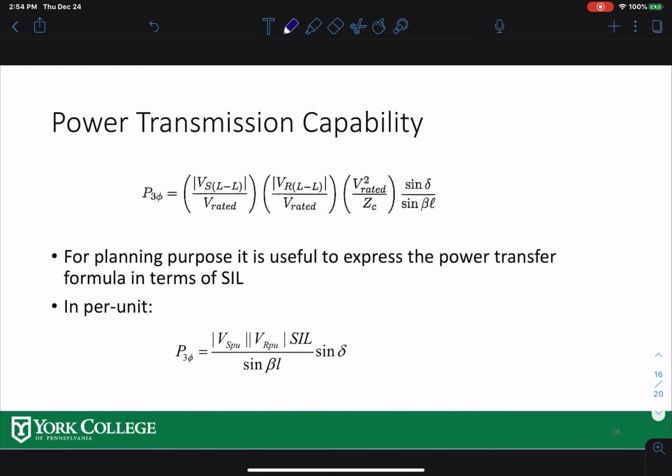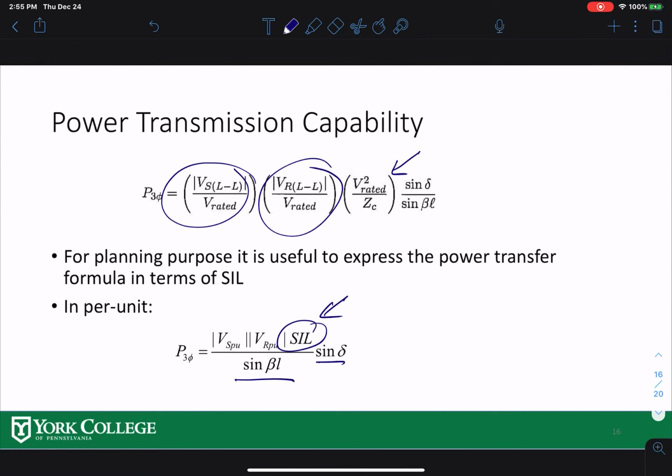So this one becomes per unit, this one becomes per unit, so both are per unit right here. And if you remember from the previous class, this has become SIL, and then sine delta over sine beta L. So you can now see the power transfer in terms of per unit voltage as well as SIL, right?